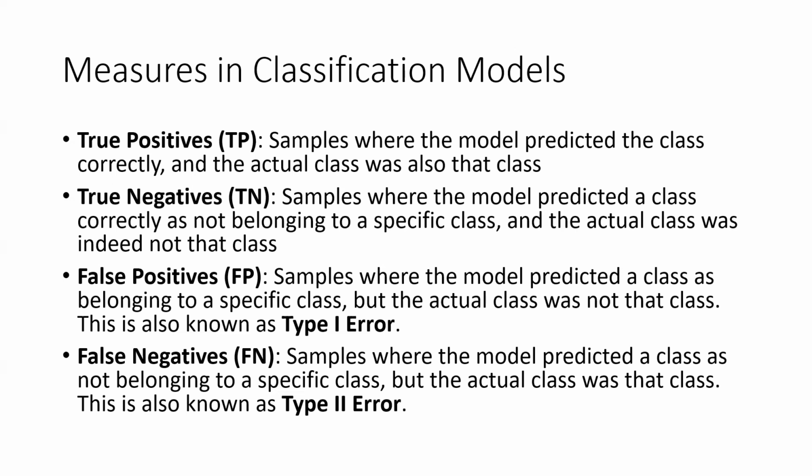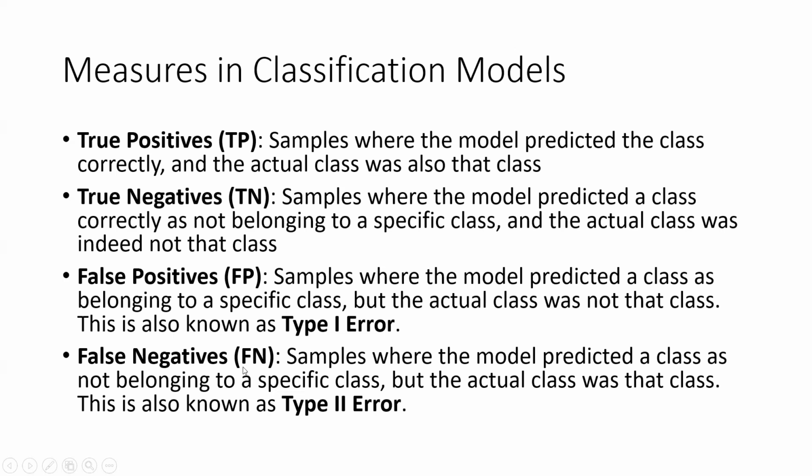Suppose not the positive class, but the negative class is predicted and it is true, it is known as true negative, right? If the positive class is predicted but it is not true, that is known as false positive, or the type 1 error.